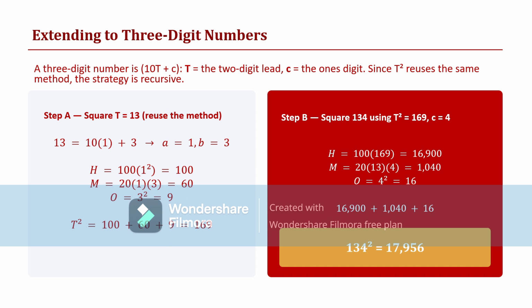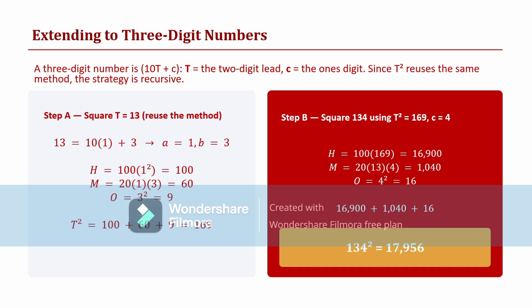Then, if we try to find the square of 134 using t squared, the hundreds part is 100 times 169, which gives us 16,900. The middle part is 20 times 13 times 4, which gives us 1,040.